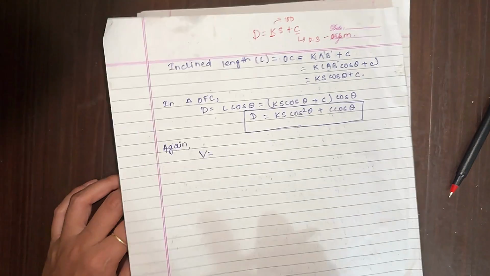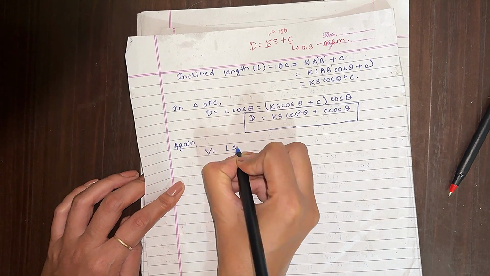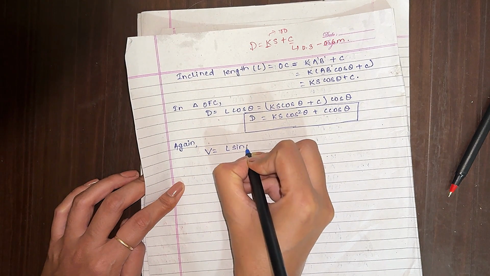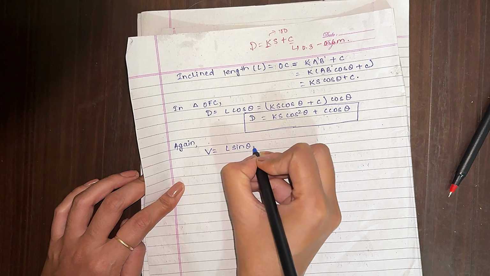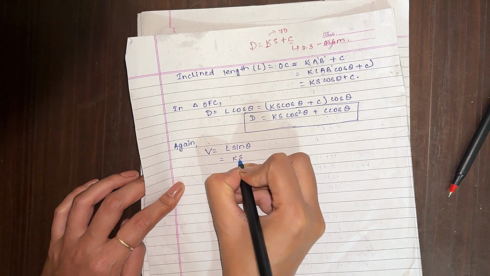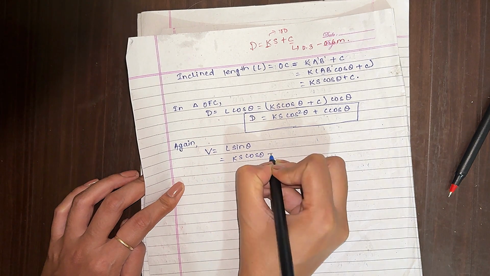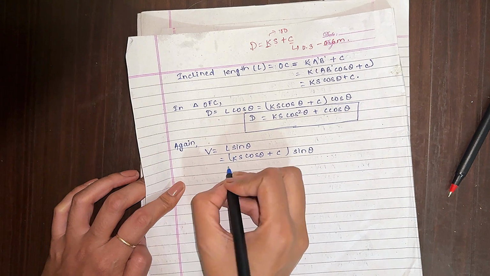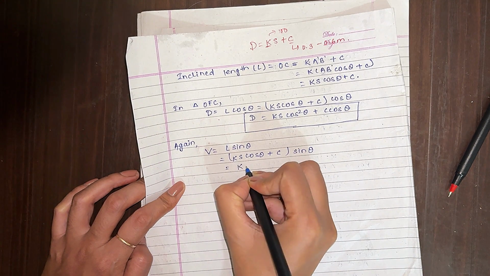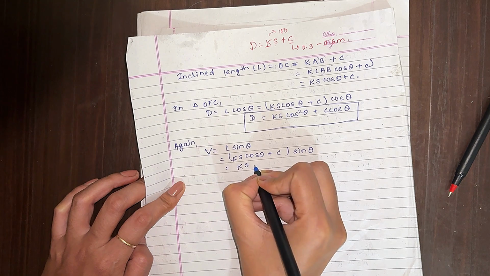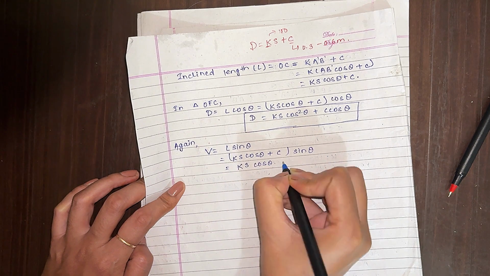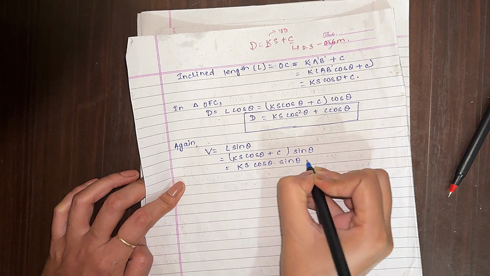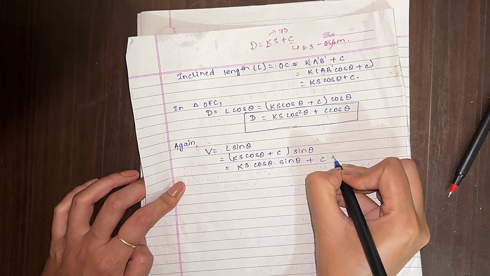This is equal to L sin theta, which will be equal to K S cos theta plus C into sin theta, which is equal to K S cos theta into sin theta plus C sin theta.